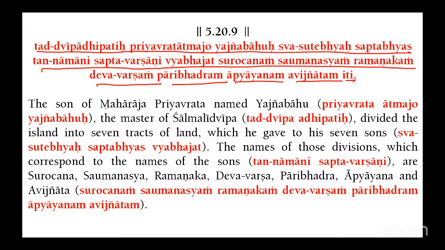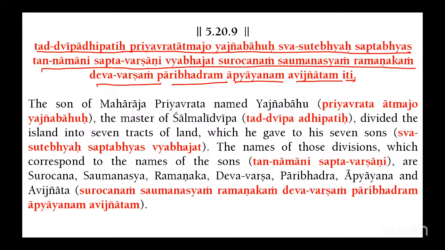Same thing. Okay. So just like in Plakshadweep, Idmajihva, one of the sons of Priyavrat Maharaj, had 7 sons, so he divided that Dvipa into 7 varshas.